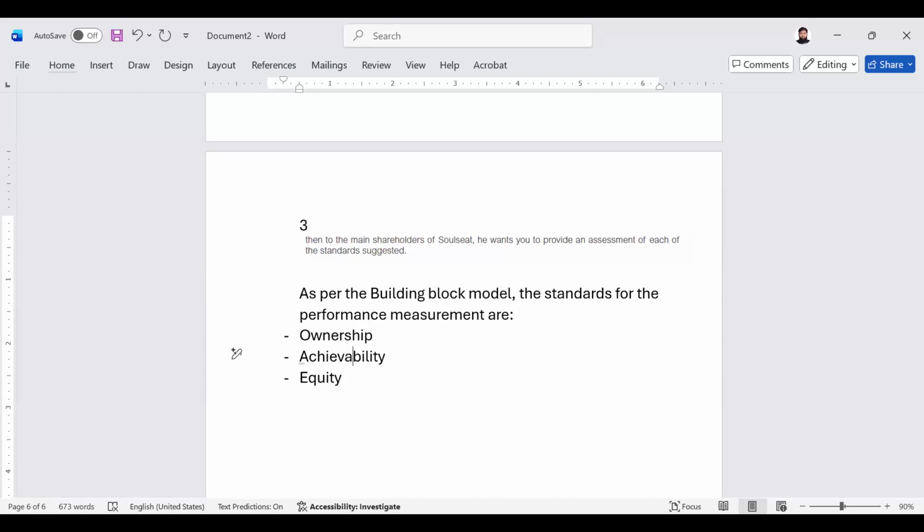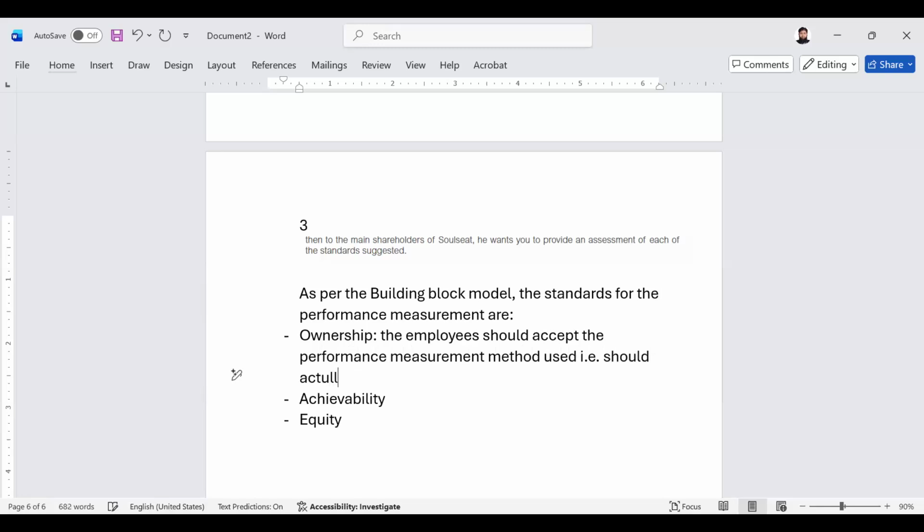Now, ownership is that the employees should accept the performance measurement method used, that is, they should actually take ownership of the accomplishment of the performance target.